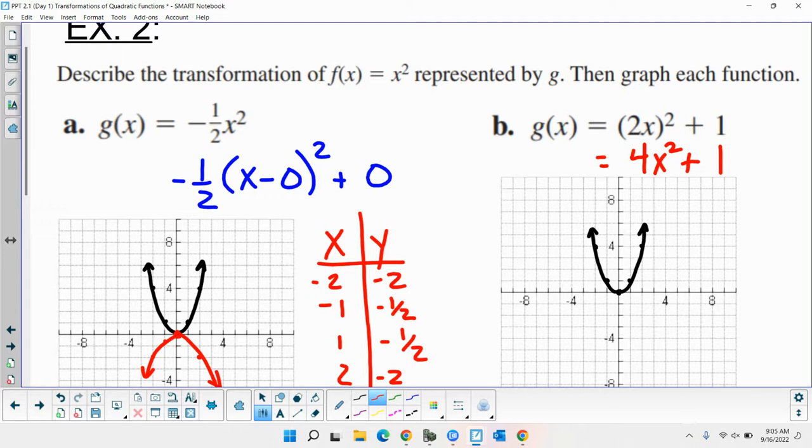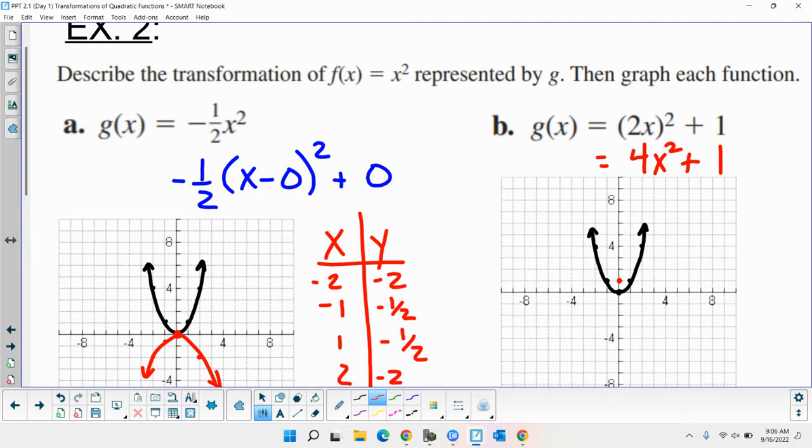It's just 2x in the parentheses, up 1. Just up 1. It just moved up 1, no right or left. So since there was no number added to the x, the h value is 0 and the k value is 1. So this went up 1.